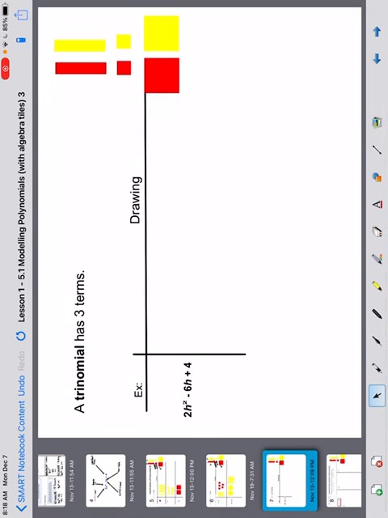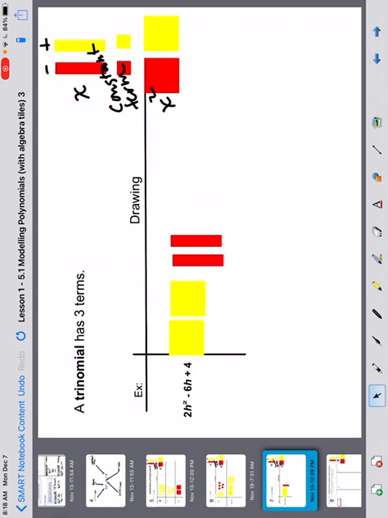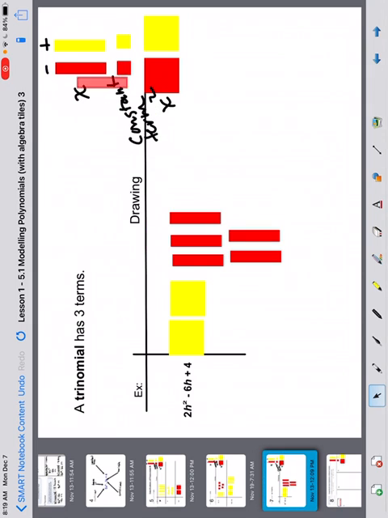Now we have a trinomial, so there's three different terms. We're going to start with the first one, 2h². They're positive, so they're yellow. We have 2. Then −6h, negative, so red, and there's −6, so we're placing 6.